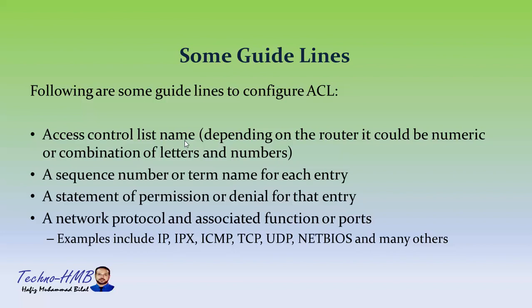A statement of permission or denial for that entry. For example, we say access list 1 permit specific traffic and the statement deny specific traffic. A network protocol and associated function or ports, for example, IP, IPX, ICMP traffic, TCP traffic, UDP traffic, NetBIOS, and many others as well.